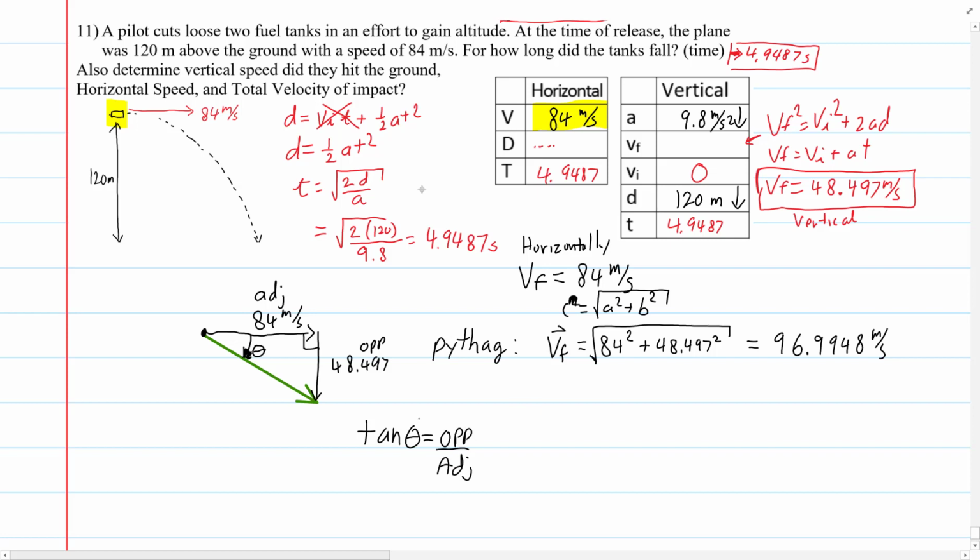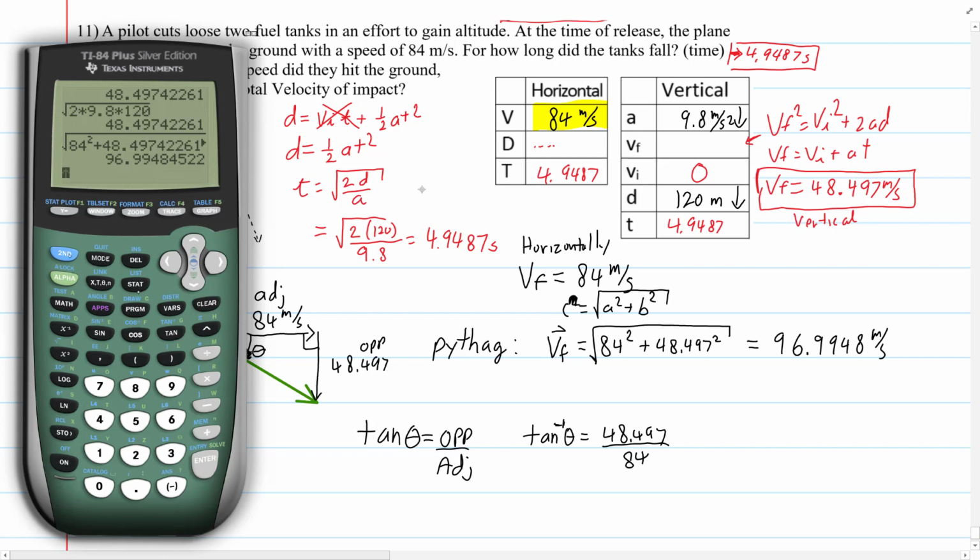So we have to take the inverse tan to get the angle. So the tan of theta is equal to 48.497 divided by 84. And now I have to go tan, inverse tan. So we'll pull it up.